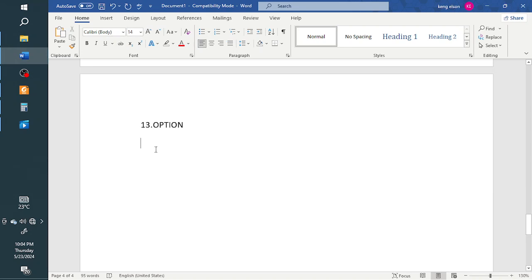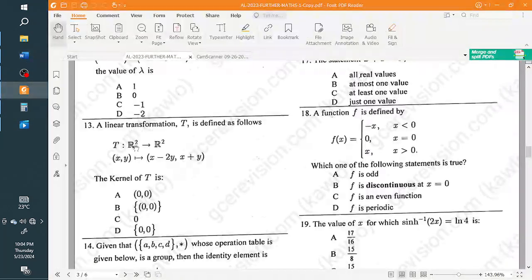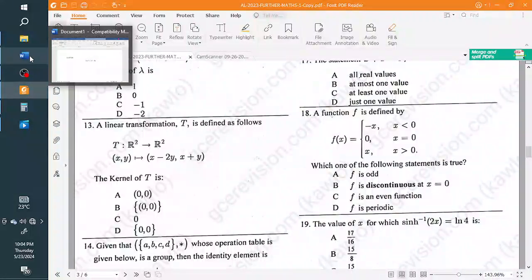The kernel is also called the null space of the transformation. It's equal to the set of vectors in the vector space here. Our vector space here is R squared. That's the domain of the transformation.